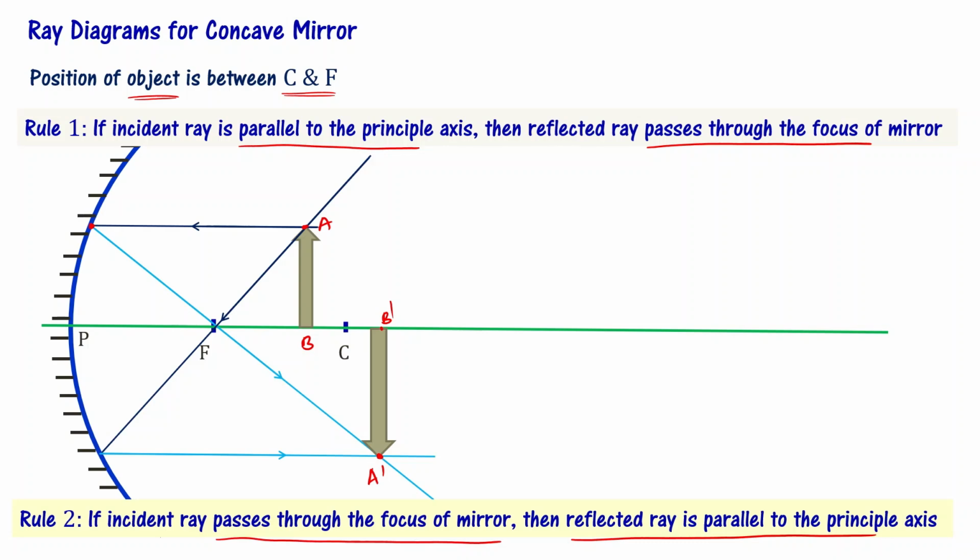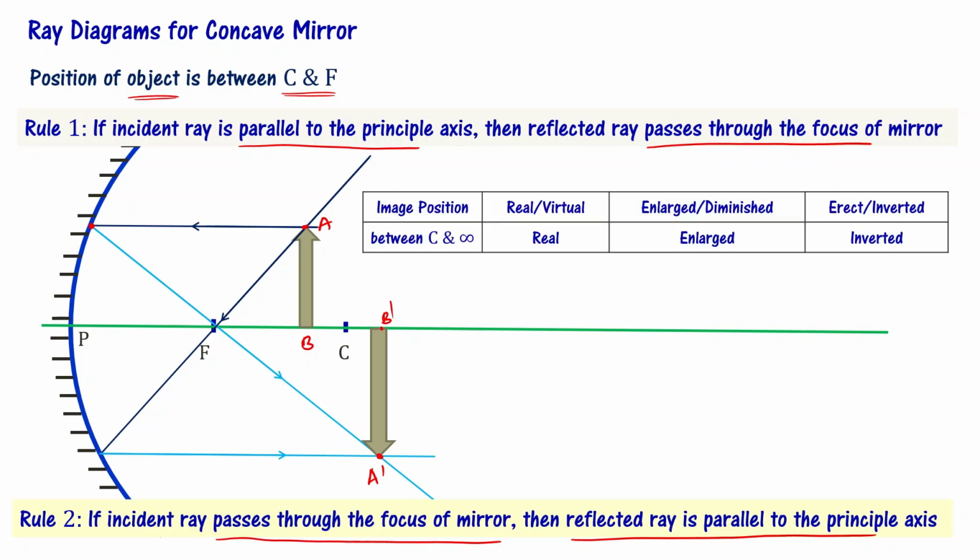You observe this. The image position is beyond C, right? Or otherwise you can say that the image position is in between C and infinity, right? And image is real because I can project this on a screen. And if you observe, the image is enlarged.